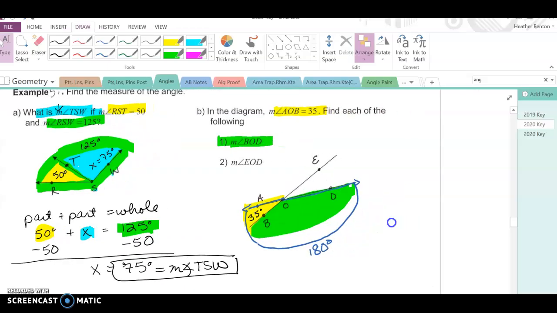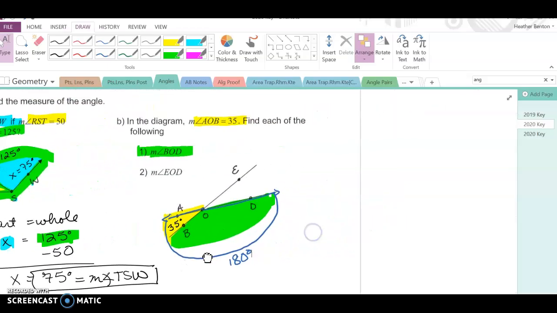In other words, 35 is a part, the green angle is a part, and the whole is the 180. So maybe some of you are thinking about 180 degrees minus the 35 part would give you the 145 part. So remember, we talked about several times ago, if you're missing a part, you subtract. If you're missing a whole, you would add, right?